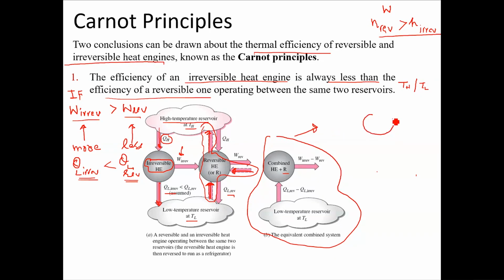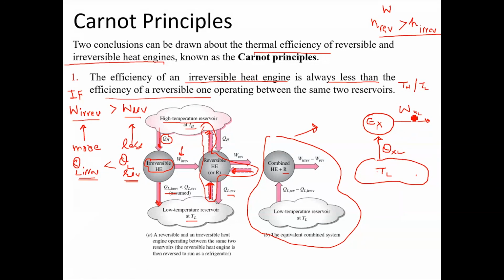There is an engine X which is taking some heat, call it QXL, from a reservoir at temperature TL, and all of this heat is being converted into some work WXL.